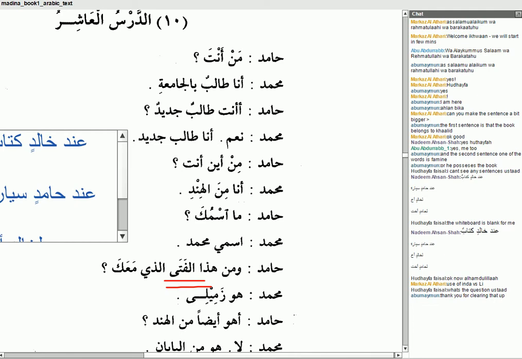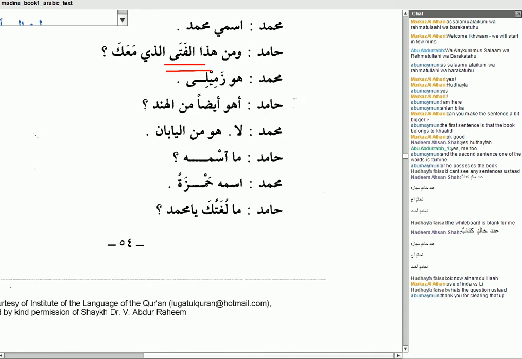In this class, my brothers, you're also going to learn a new way of using mudaf and mudafun ilayhi. That is to replace a person, for example a person's name, or replace an individual, replacing the mudafun ilayhi with a pronoun.